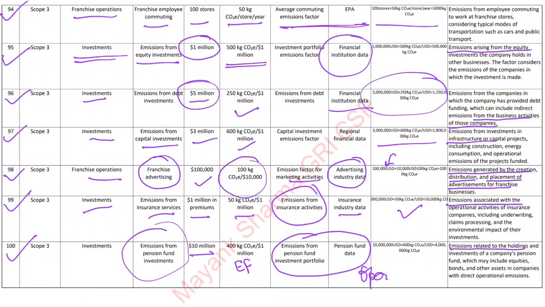Basically, we are talking about the operational emissions of these companies, and this is how we do the calculation. This is the investment, multiplied with the emission factors. That's how we get the result.